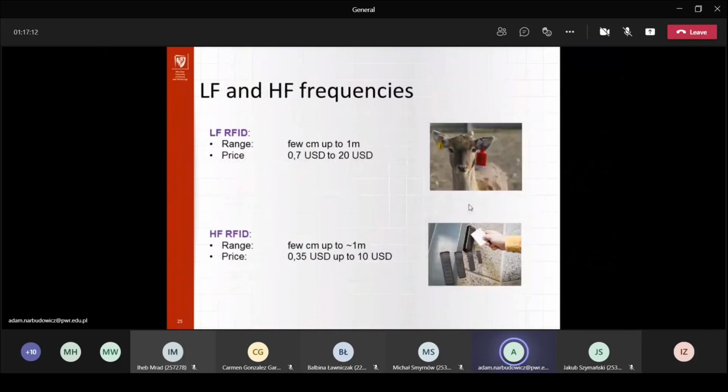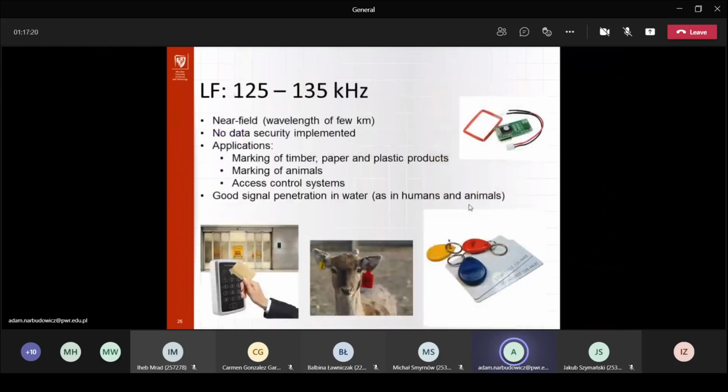Yeah, thanks for clarifying that. Okay, so well, the low frequency RFID in the 100 kilohertz range. So again, the same principle as we talked about earlier with electromagnetic propagation is that the lower frequencies typically allow larger penetration into water or into any dielectric tissue.